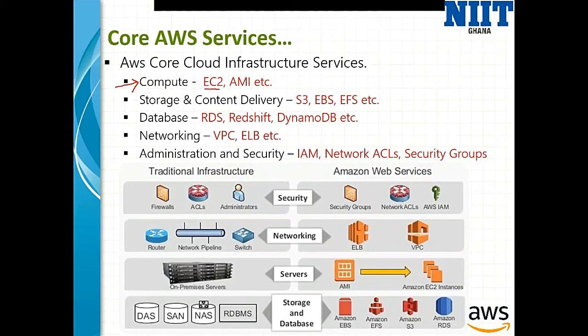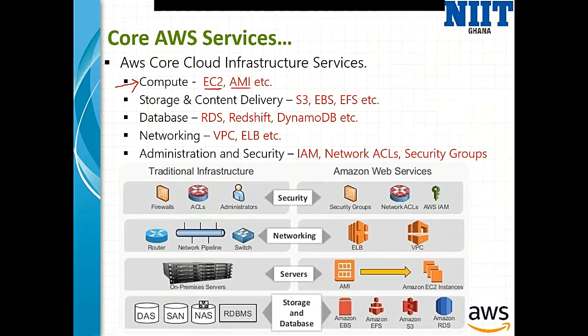EC2 stands for Elastic Compute Cloud, a service that gives you the option to create VMs of any specific size you like, and then you can use AMIs. AMI stands for Amazon Machine Images. These images can then be deployed into these EC2 instances to build the environment that you like.